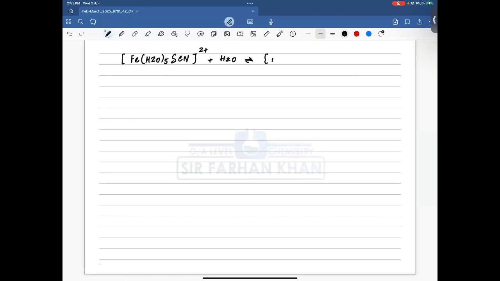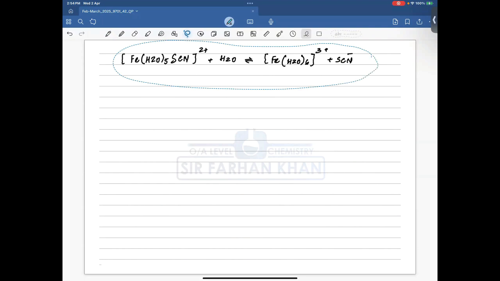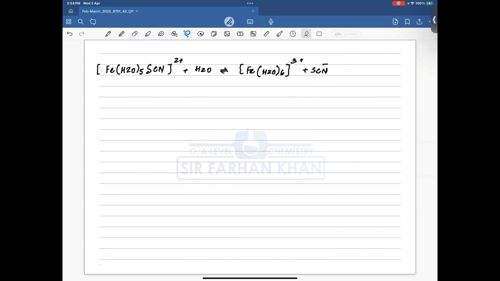So it's going to be Fe(H2O)6 3+ plus SCN minus. Also, it is the reverse reaction. So it's basically K step. Reverse of the first equation, so it is 1 over K step thiocyanidine.